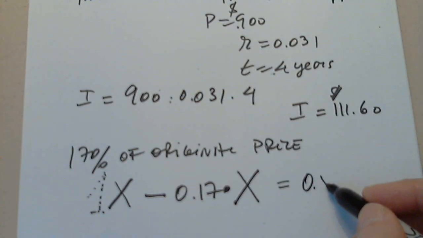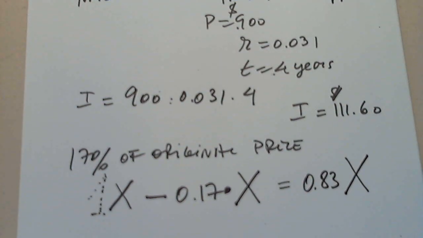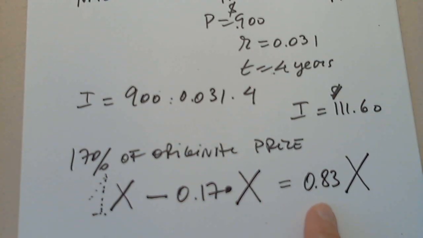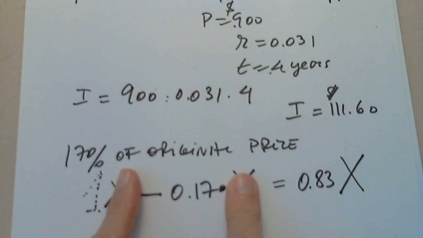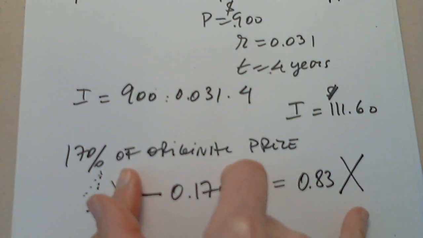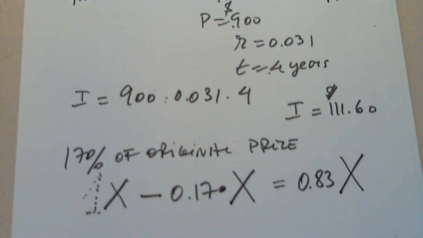And then we get 0.83 times X. And this is how we represent, and this is how we calculate. From $1, I subtracted 17 cents to get 83 cents. Of course, times X, because these are two terms. Like terms. They both have X. All I have to do is copy X at the end. From one integer, I subtract 0.17 to get 0.83.